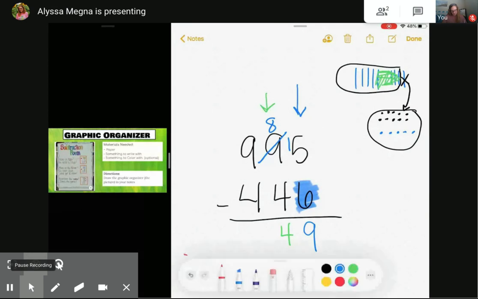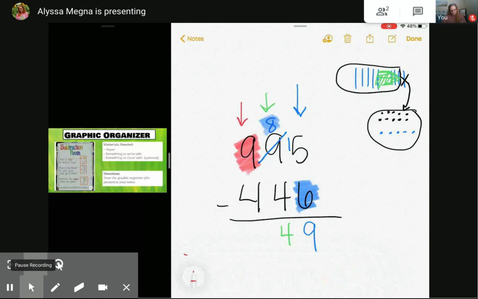So if we're highlighting again, this 8 was the one that got highlighted, and now the 9 is the bigger number in this row of the hundreds. So if we have 9 hundred blocks, if I drew that up top, 1, 2, 3, 4, 5, 6, 7, 8, 9, and I want to subtract 4, I'm going to go 1, 2, 3, 4. I have 5 left over.